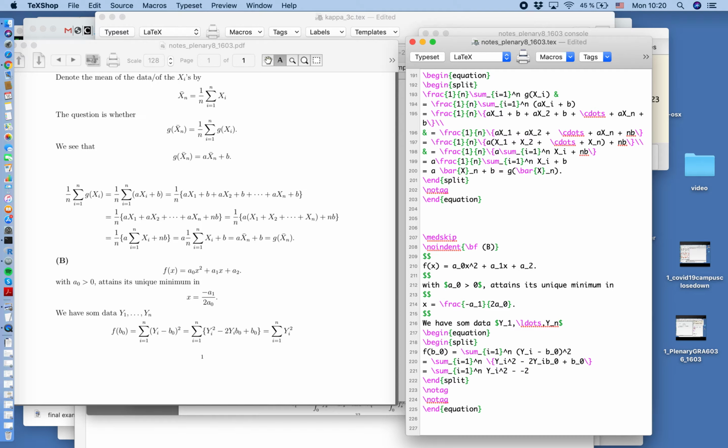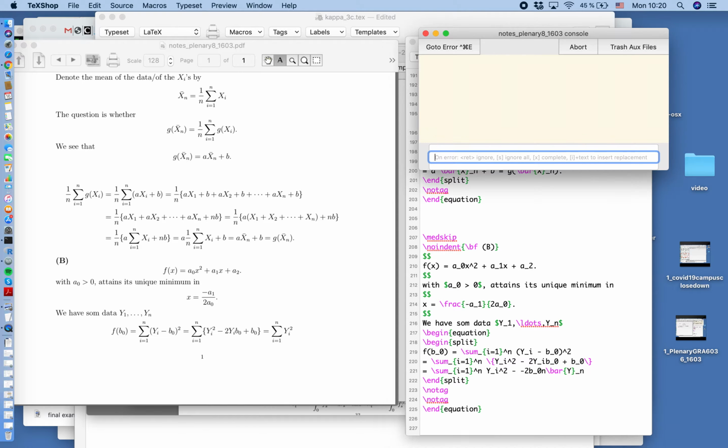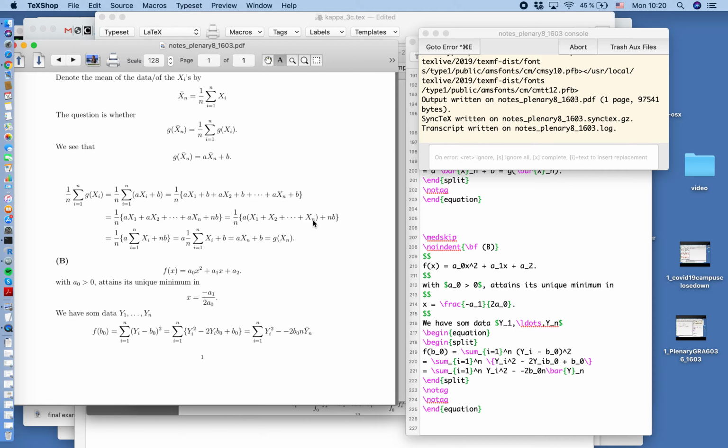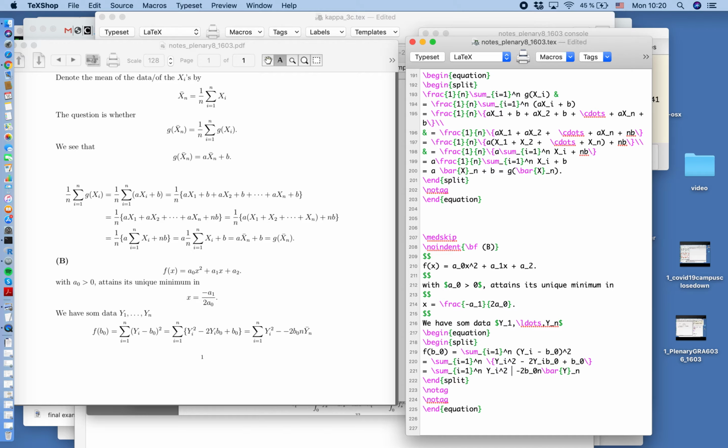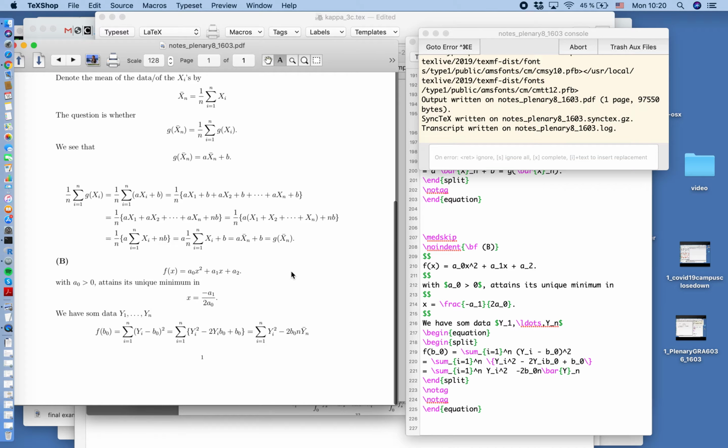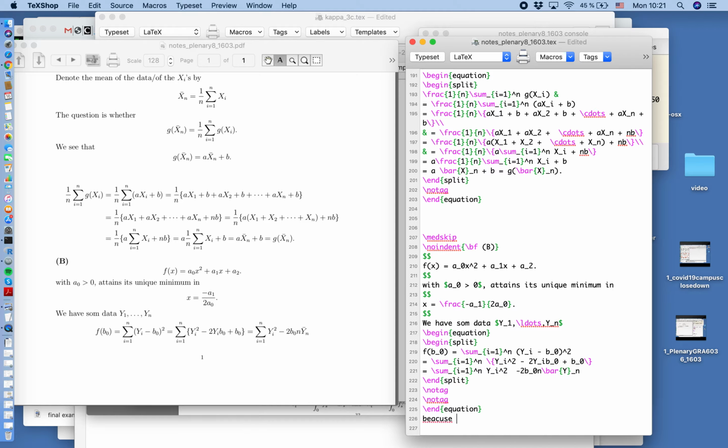So we get 2 b naught times n ȳn. I can write that down here because, as you remember, the sum of the yi's is equal to n times the mean of the yi's.